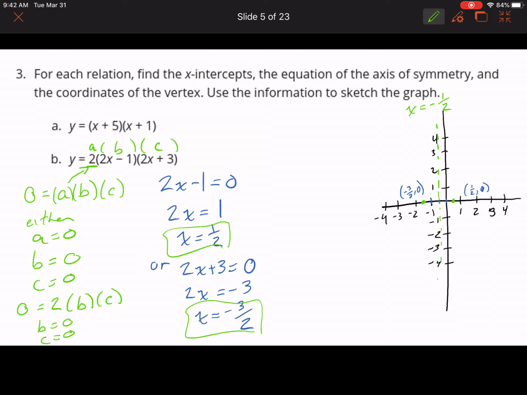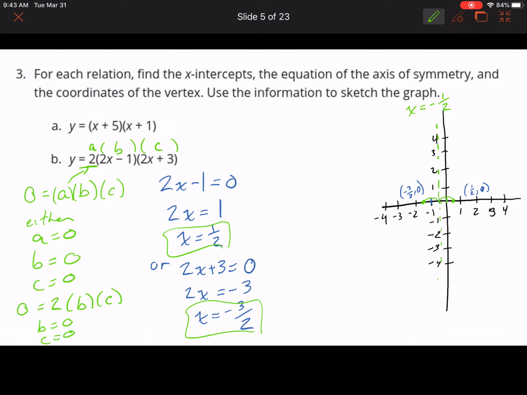So if we're counting by halves, we got 1, 2, 3, 4 halves in between. So 1 full down, or 1 full up, is halfway in between. So now we've got an x of our vertex.